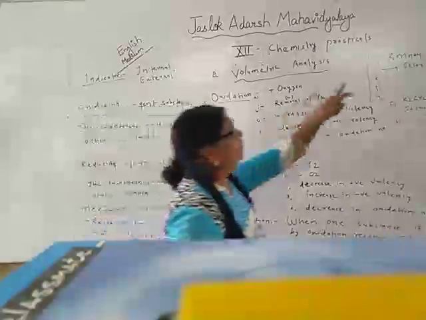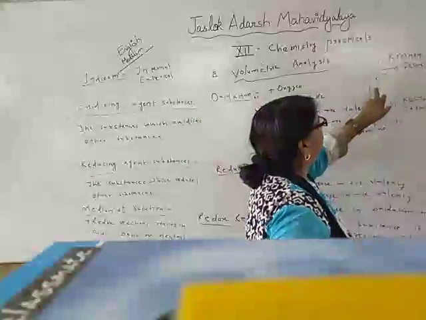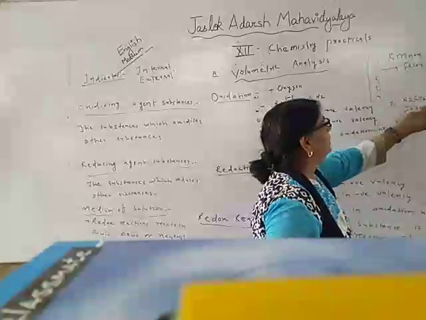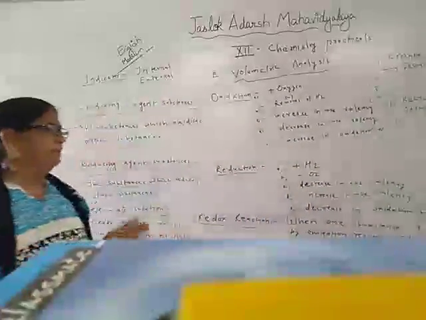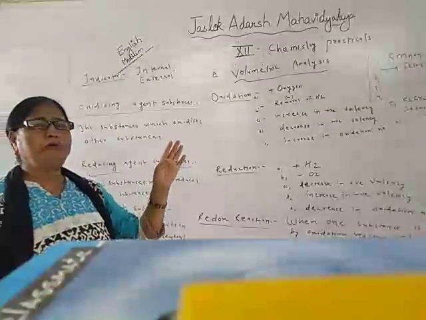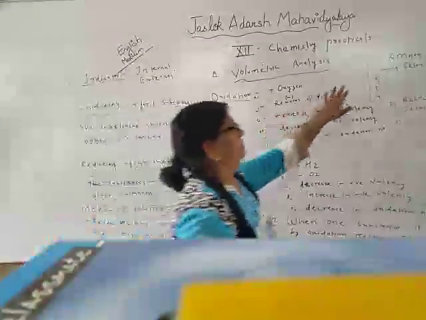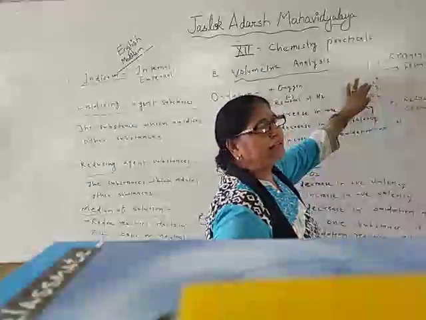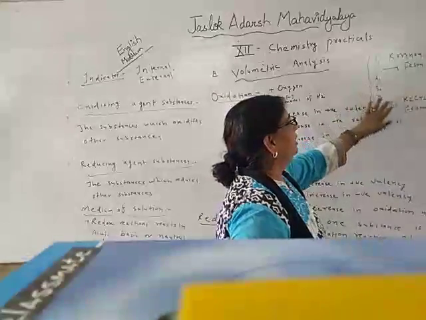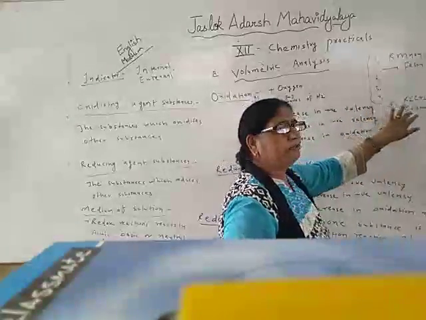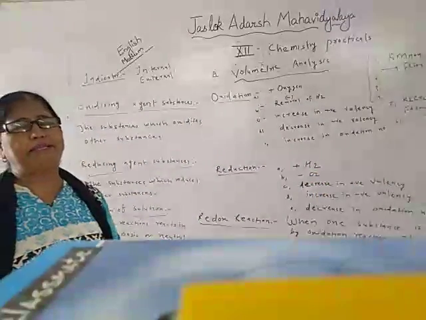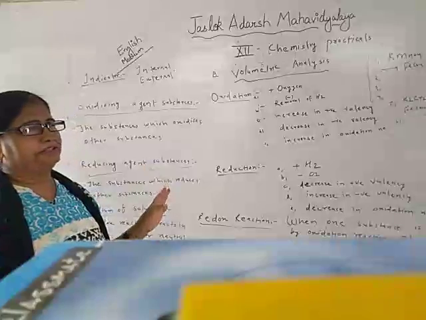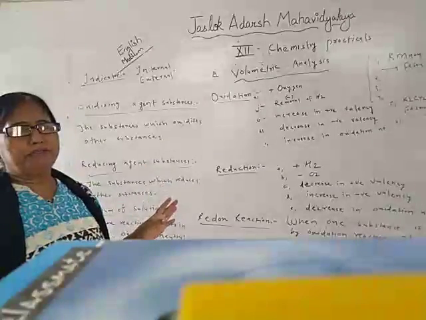With KMnO4, you have 4, and with potassium dichromate, you have 2. Here KMnO4 works as an internal indicator, and potassium dichromate does not work as an internal indicator. So we will add diphenylamine indicator in these titrations. Okay, students?